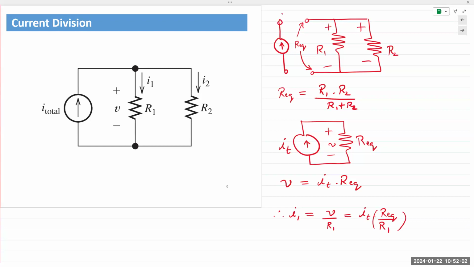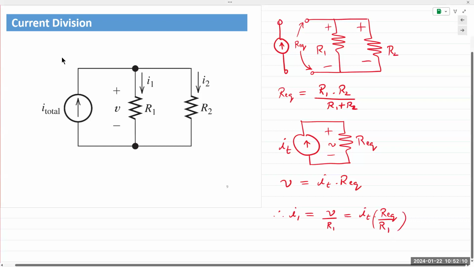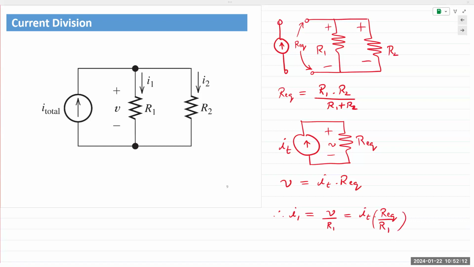Let me know if anything doesn't make sense. Any questions?